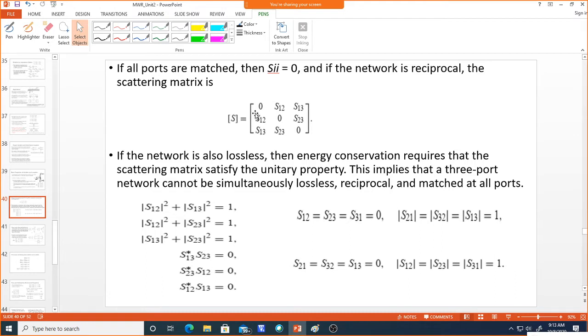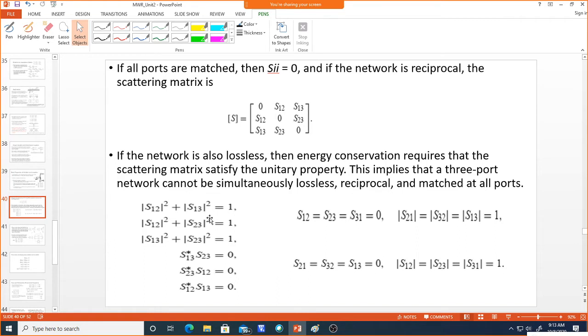And similarly the first and third column gives S23 complex conjugate into S12, equal to 0. This is the orthonormal property, and this is the unitary property.